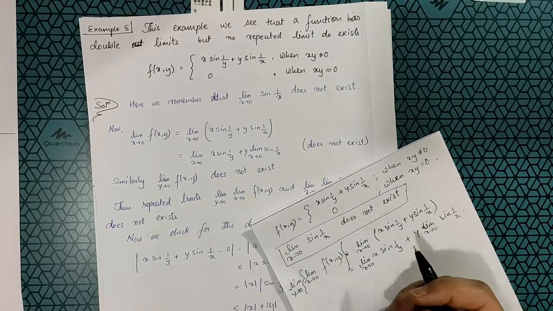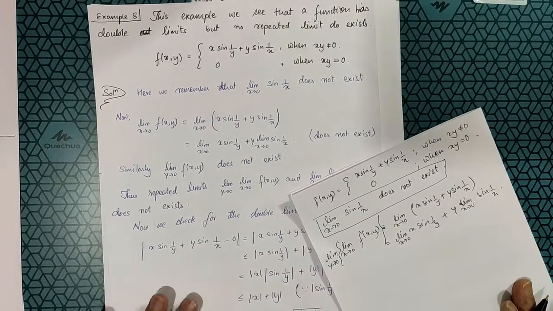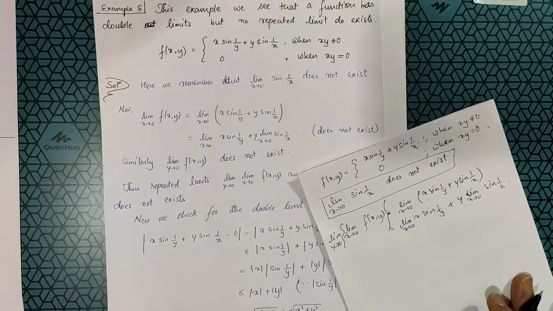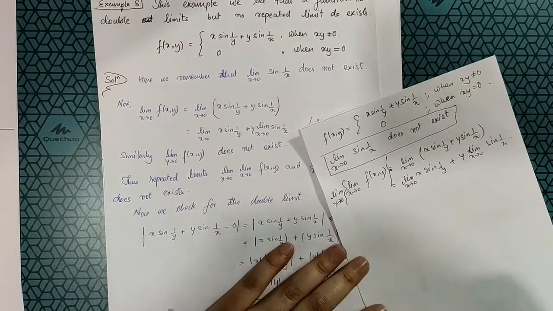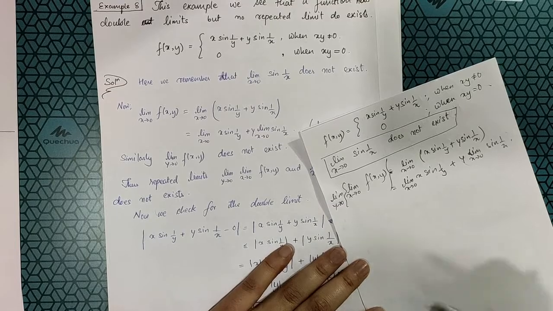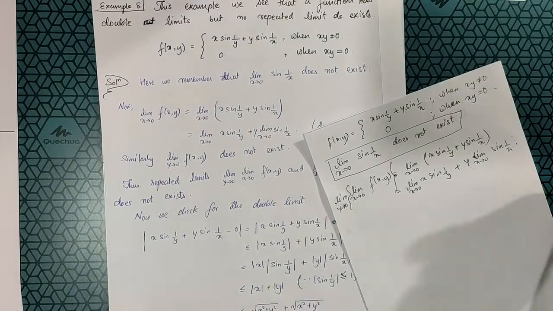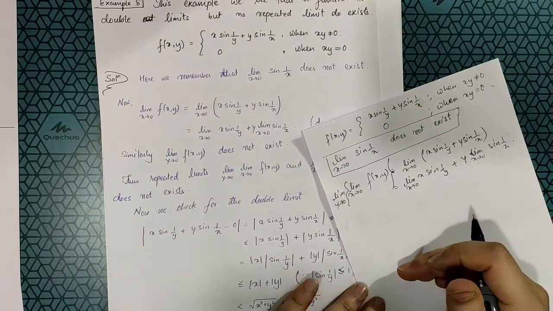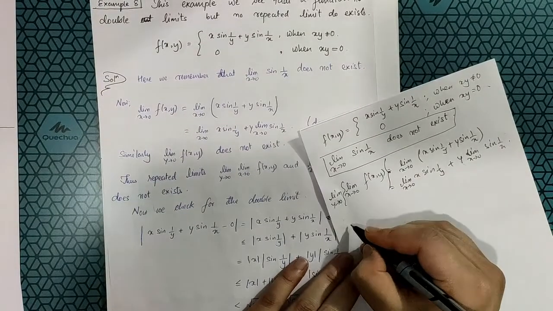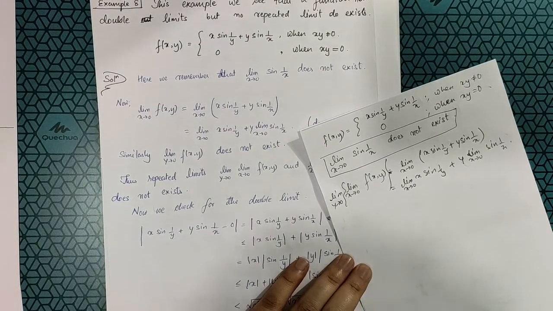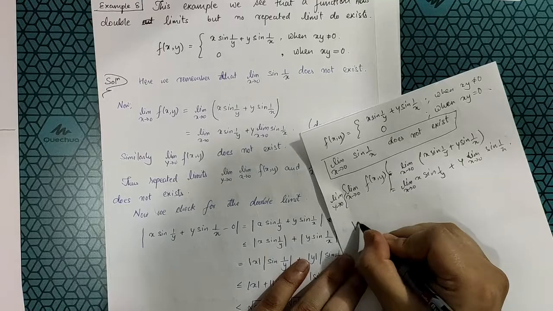Now we check for the double limit. We saw that this is an example that shows that the double limit exists, but both the repeated limits do not exist. For this we check with the epsilon delta definition.